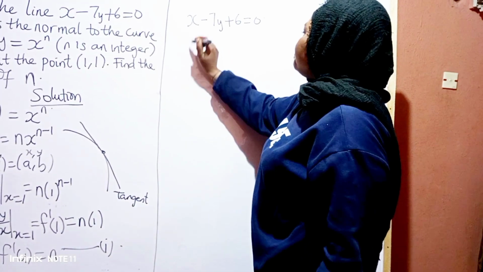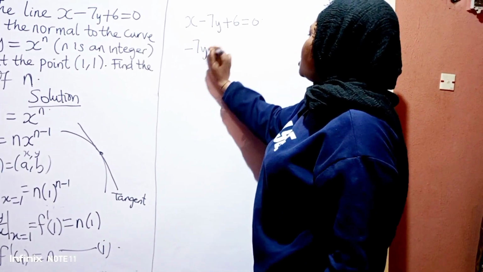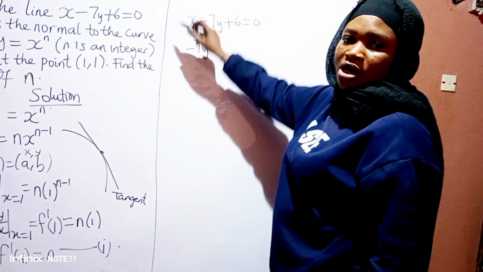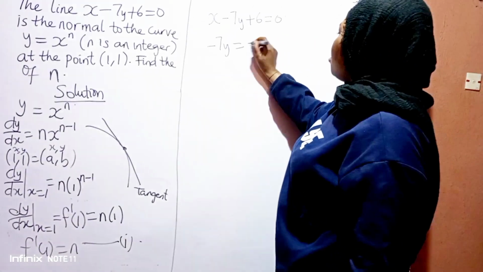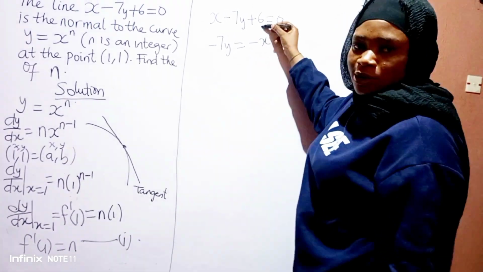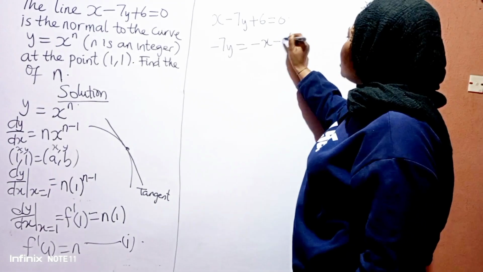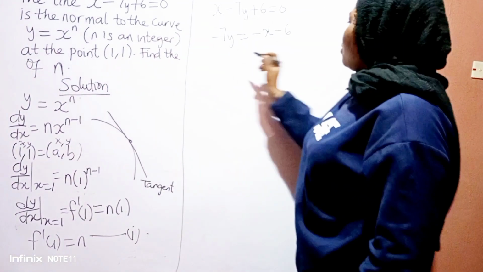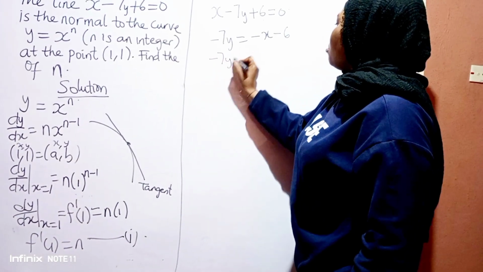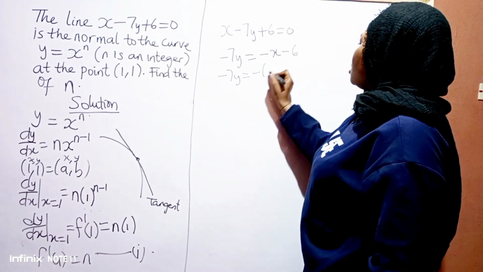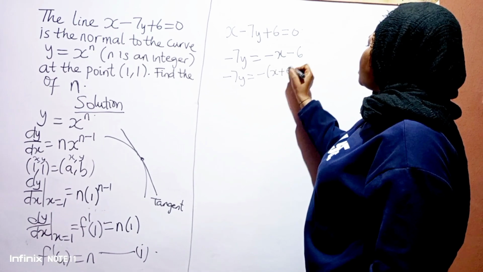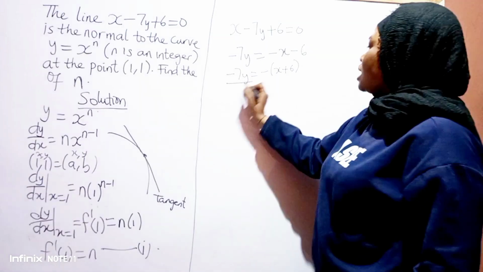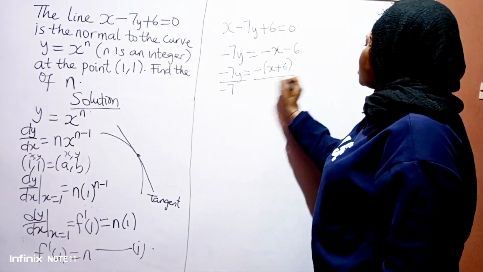I have minus 7y is equal to, taking x out, minus x, taking plus 6 out, minus 6. So from here, I can factorize out the minus: minus of x plus 6. Divide both sides by minus 7.